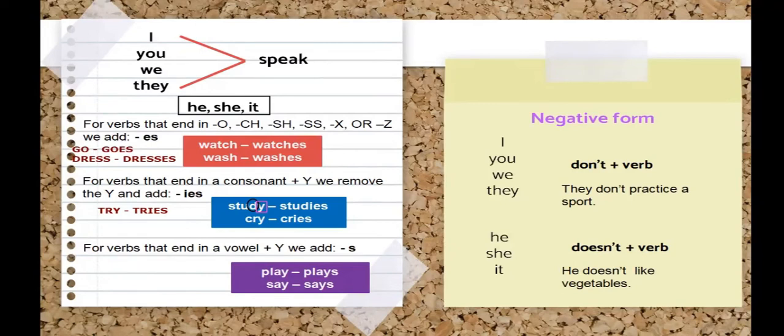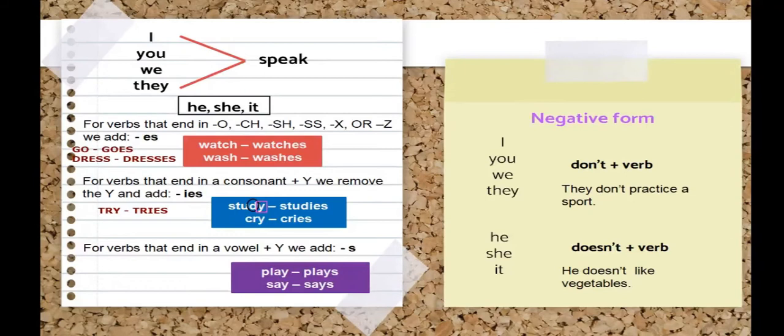So the vowels are A, E, I, O, U, okay? So when you have a vowel and the letter Y, you only add the letter S, like here, play, plays, say, says, okay? That's it. This one is easier.